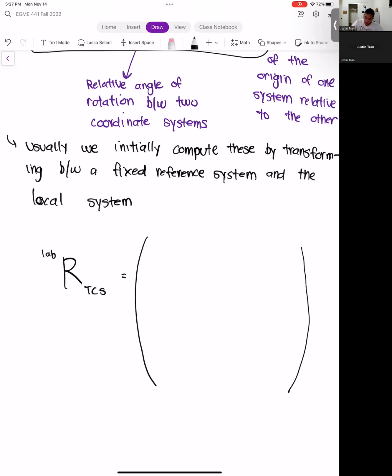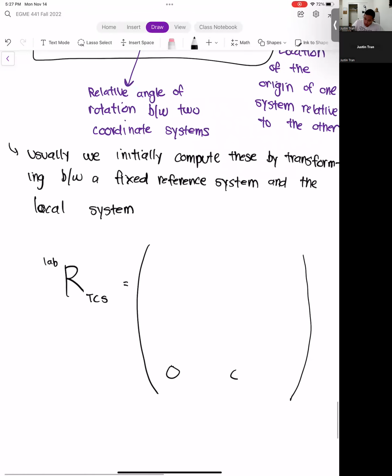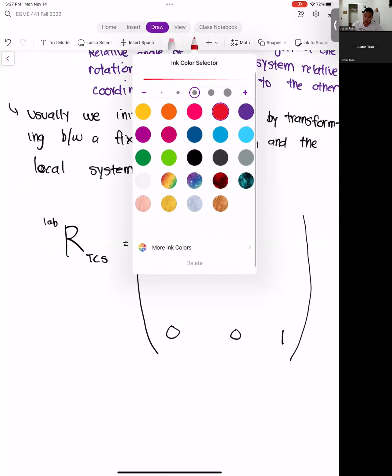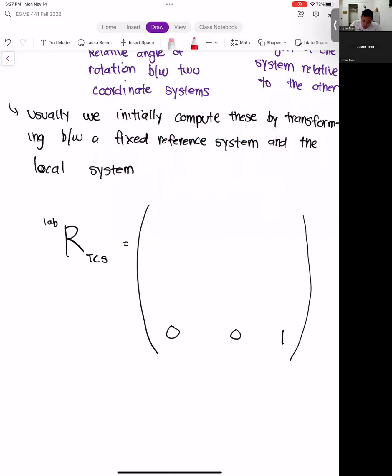And so we usually build these matrices like this. Our bottom row is always 0, 0, 1, and we build this column by column. This first column is the local x-axis, so that's the x-axis of the local system, which is TCS, relative to the previous frame, which is the lab frame.